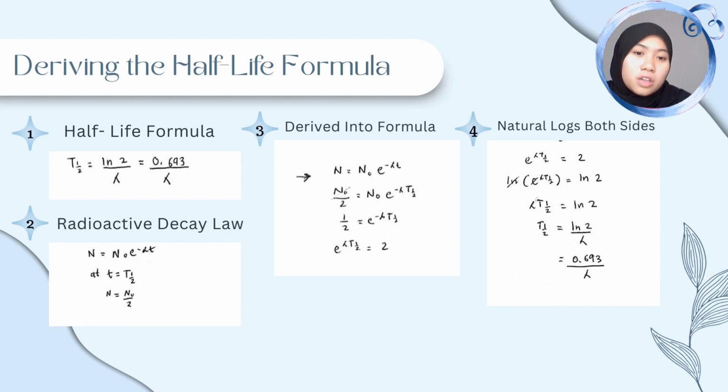We continue the calculation, and 1 over 2 is equal to exponential to the power of negative lambda half time.